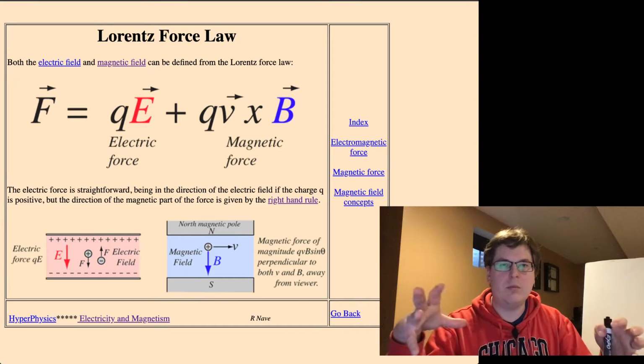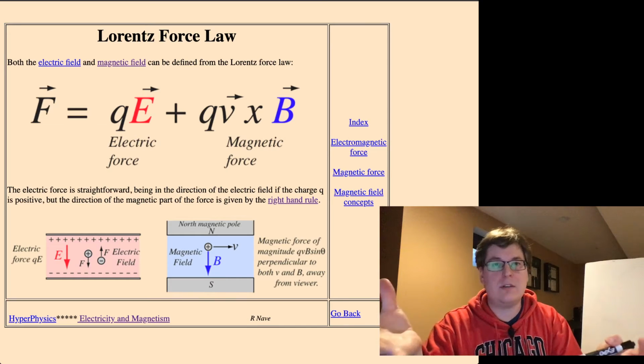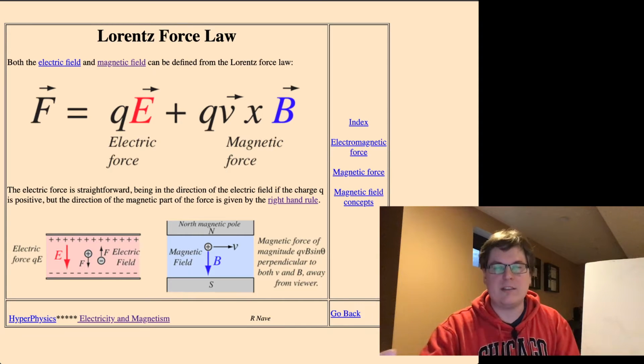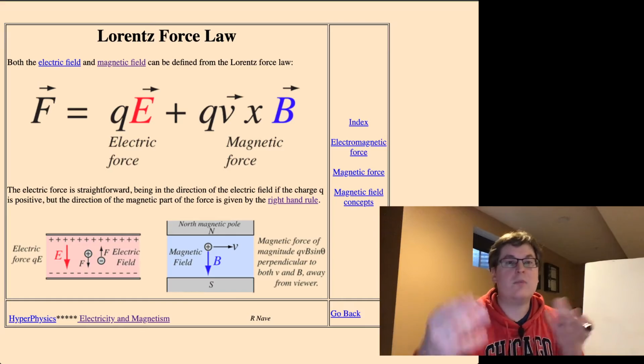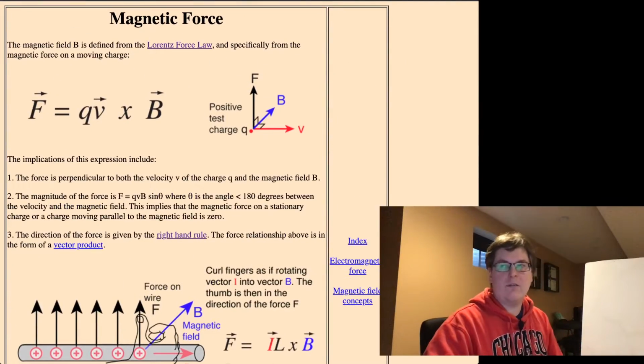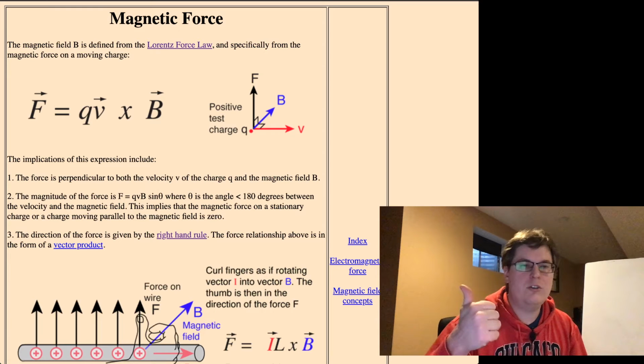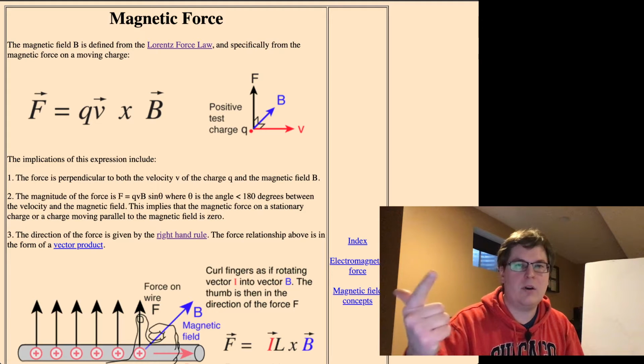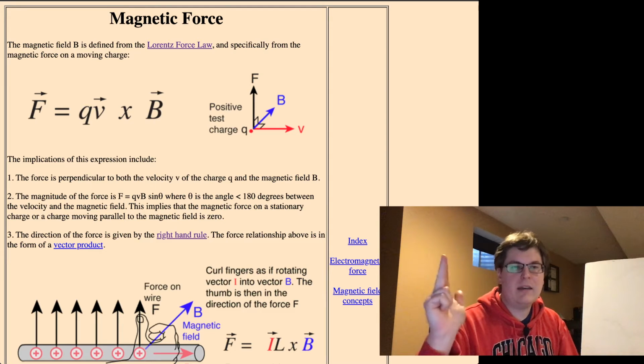Remember when we talk about the net force on something, we're adding up all the possible forces on it. So that's why that equation is written that way. But what we're really going to focus on is just the magnetic force part, which is the charge multiplied by the velocity of the particle multiplied by the magnetic field.